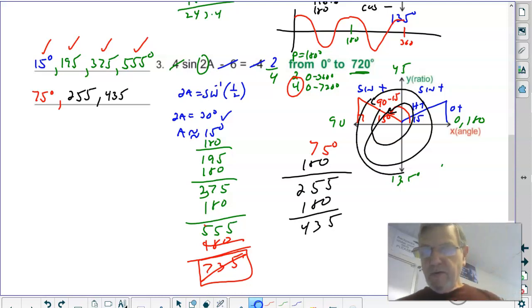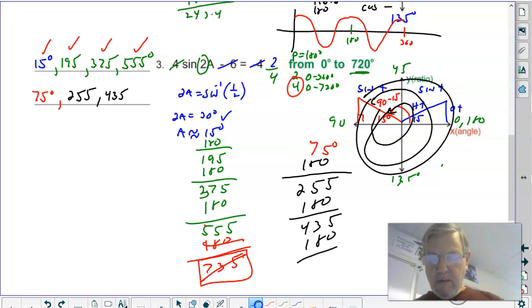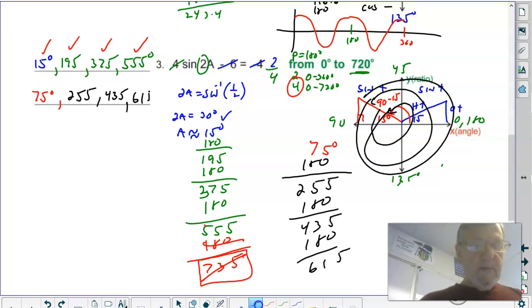Let's see if we can spin around another 180. 615. And if you try to go another 180, you're going to be at 785 and that's past the 720. There are your 4 solutions. So notice I got, with the 15, 3 other ones, because there's 4 waves from 0 to 720. And with the 75, I got 3 other ones because there are 4 waves between 0 and 720.